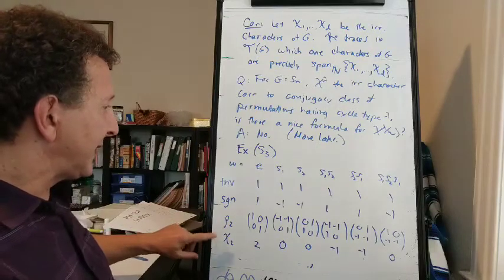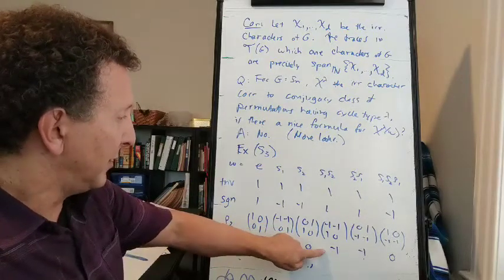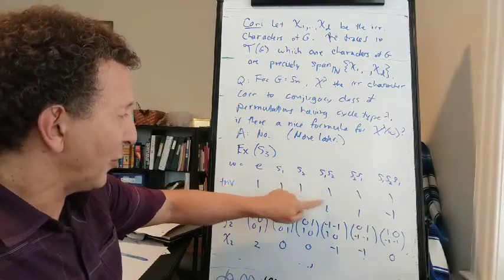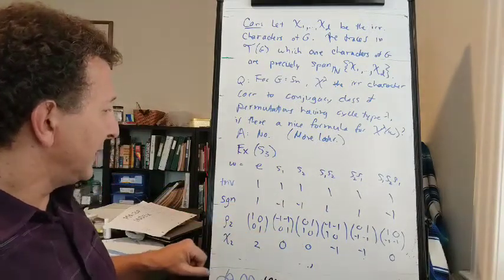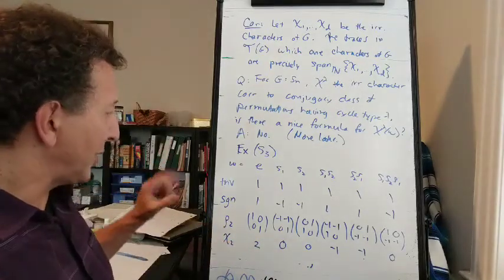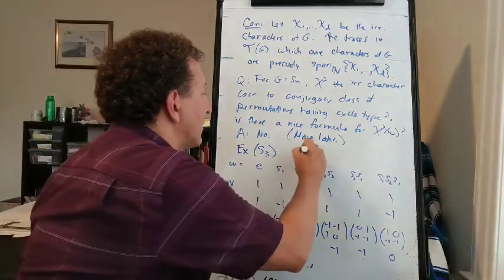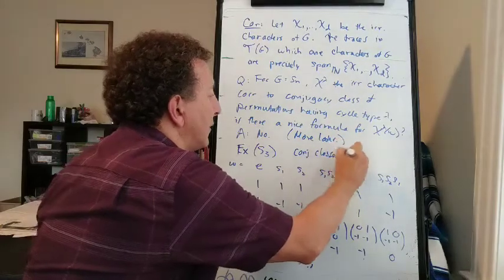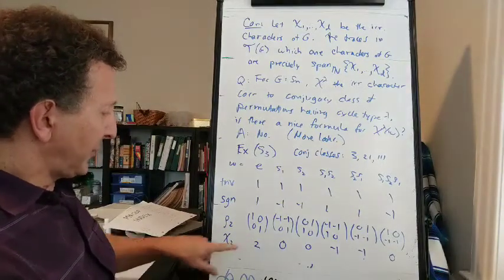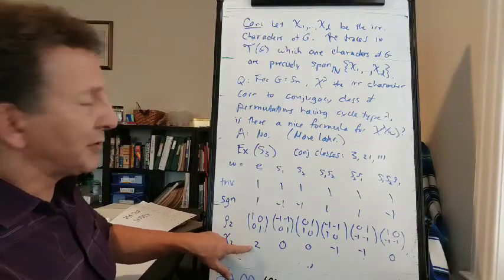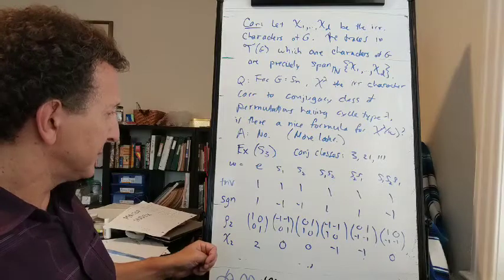Now, we can see that this cannot be expressed as a non-negative linear combination of the other characters because of the negative ones here. There's no way we can take a non-negative linear combination of 1 and 1 and get negative 1. So the only way that this could be, we know that there's 3 conjugacy classes in S3, the 3 partitions of 3. Well, I guess it could be.